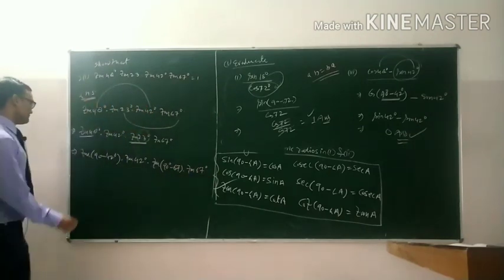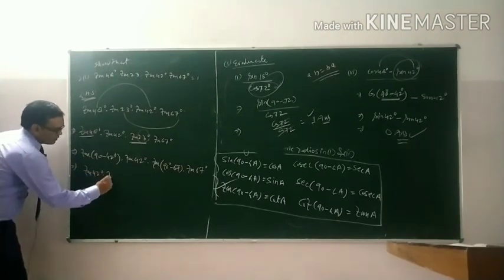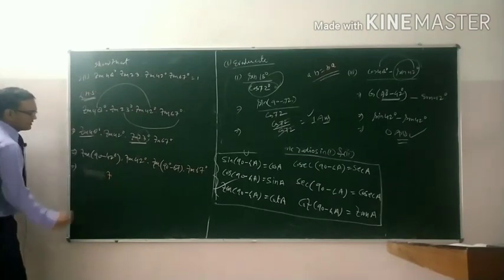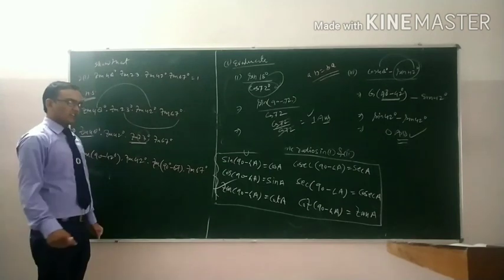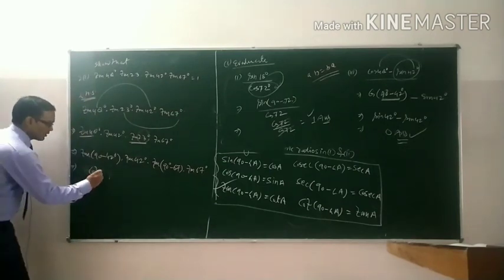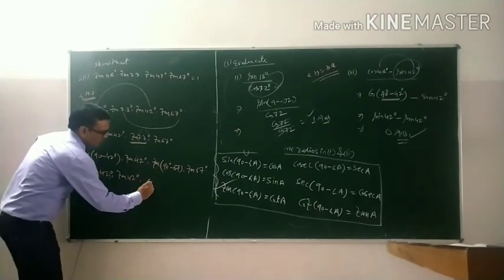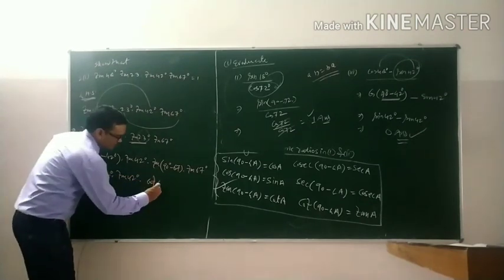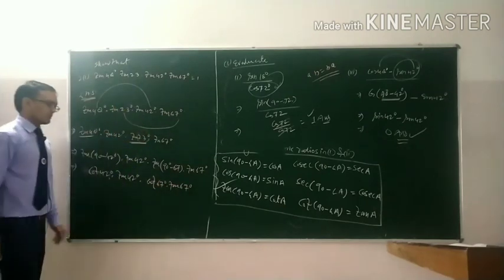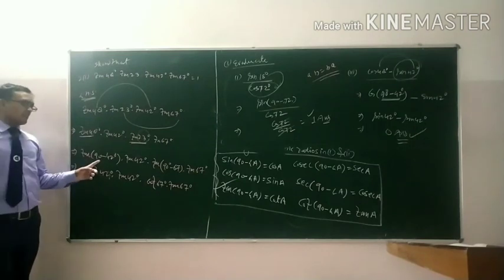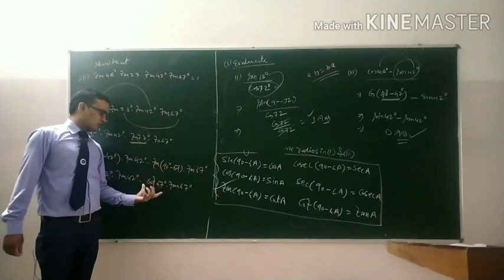Okay students, this implies tan 42, and tan(90 minus 42) is cot 42. Cot 42 into tan 42 into cot 67 into tan 67. Tan(90 minus A) equals cot A.